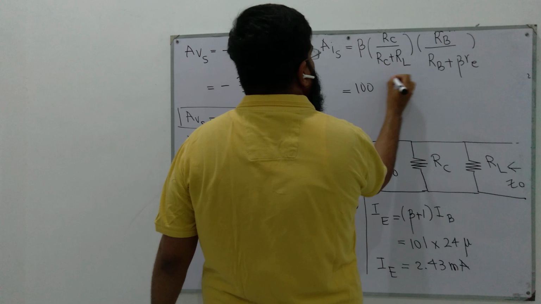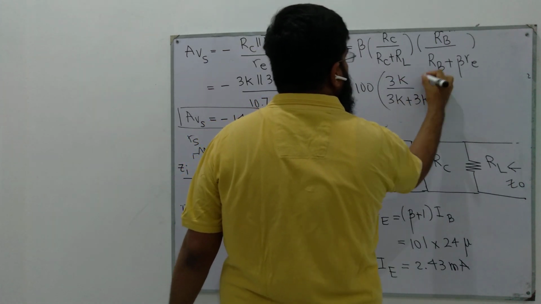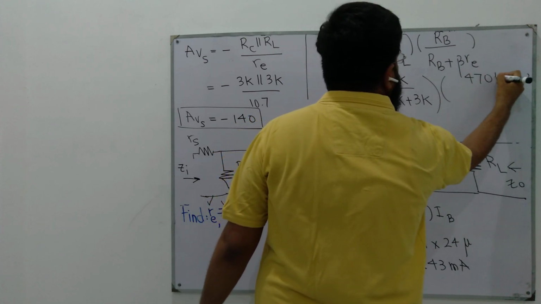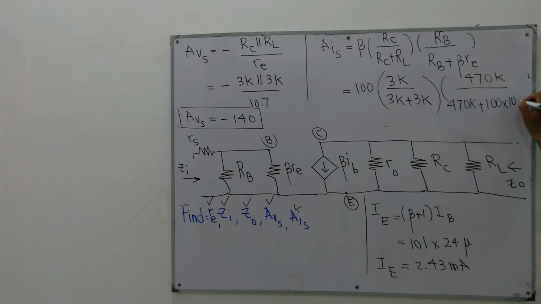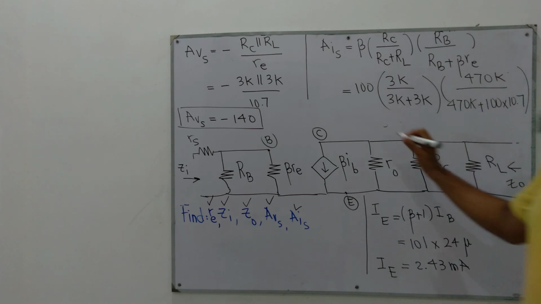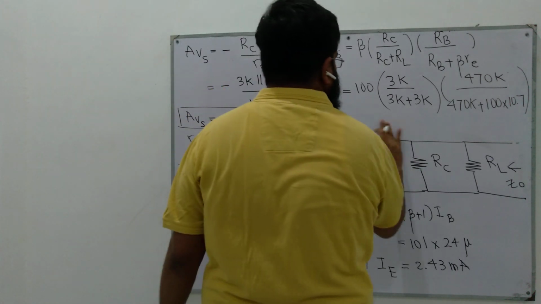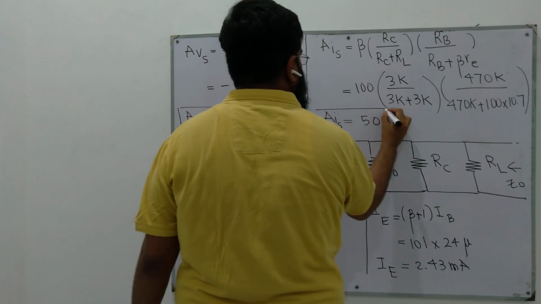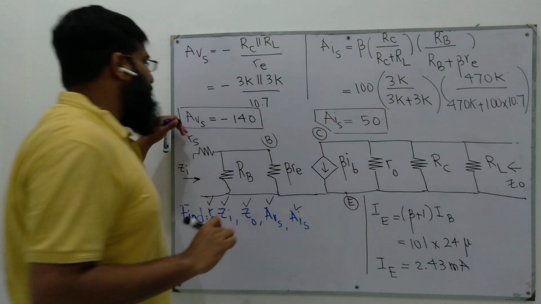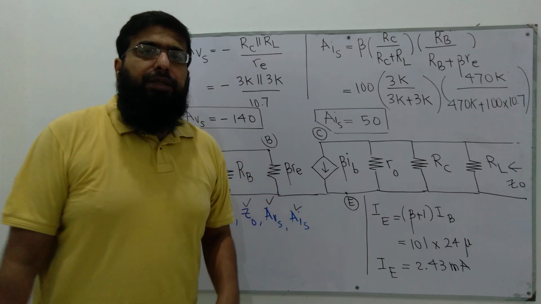Beta is 100, RC is 3k over 3k plus 3k, RB is given to be 470k divided by 470k plus 100 times 10.7. So it gives us current gain equal to around 50. So this shows it is a voltage amplifier as well as a current amplifier. In upcoming lectures, we will study more amplifiers.